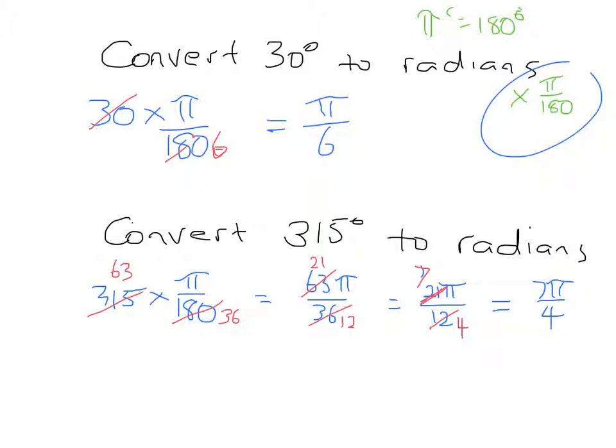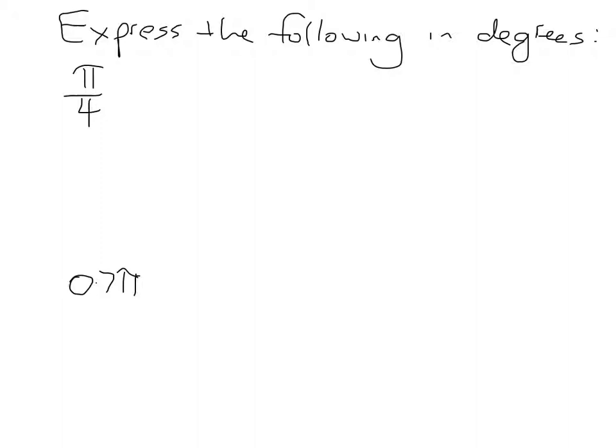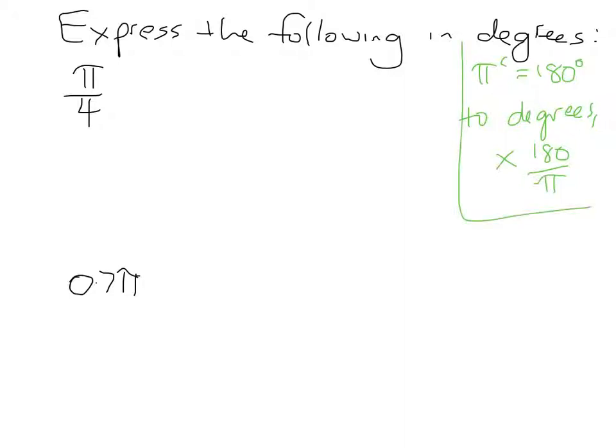Okay, next slide. Express the following in degrees. So we have the same relationship that we had before in that pi radians is equal to 180 degrees. So when we're converting to degrees, then we multiply by 180 over pi. So that's the key that we need to do here.